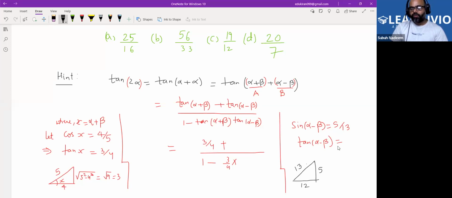So what will be tan of this angle, which you are taking as y, alpha minus beta as y? It will be perpendicular by base. So 5 by 12 it will be, right? Yes, sir. We put 5 by 12 at both the places. Now calculate this and get the answer and tell me what answer you are getting.